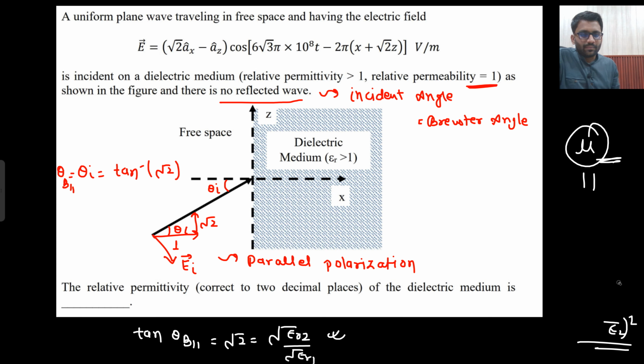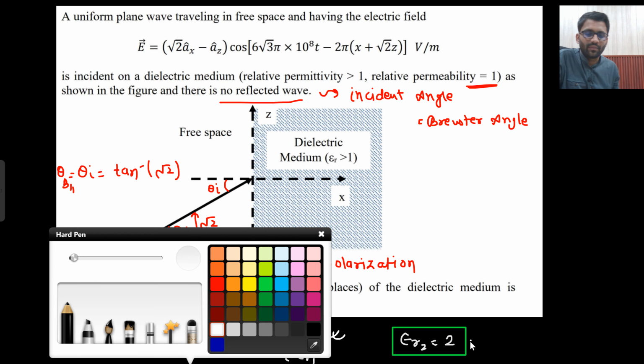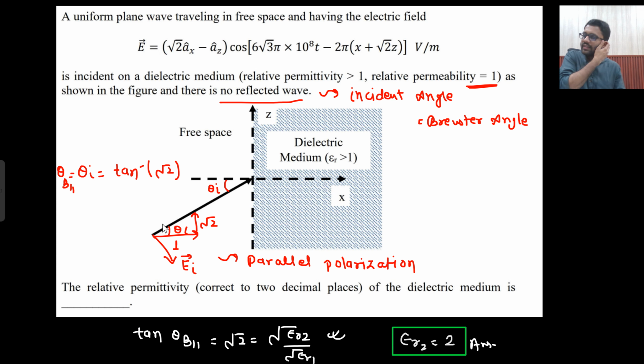So from here epsilon r1 is 1. So from here what is the value of epsilon r2 you are getting? That is 2. A very easy question, a very straightforward problem. You just need to find the incident angle. The incident angle was coming under root 2, and you also need to check whether it is parallel polarization or perpendicular polarization. I told you one thing: in case of perpendicular polarization, they will never ask you about the Brewster angle, and the reason we also discussed.